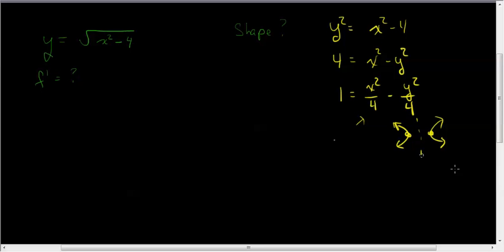The center of this hyperbola is 0, 0 because it's x minus 0 squared minus y minus 0 squared. The vertexes are at negative 2, 0 and 2, 0. And of course the slope of the asymptote is 2 over 2 or 1, so both of the asymptotes have a slope of 1.